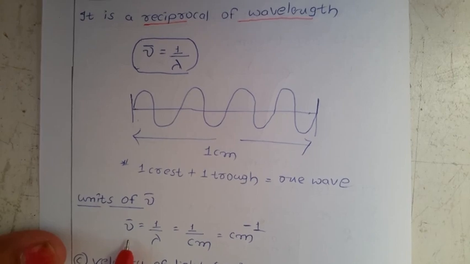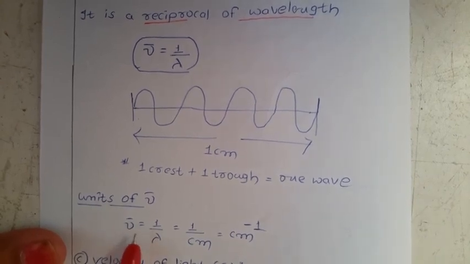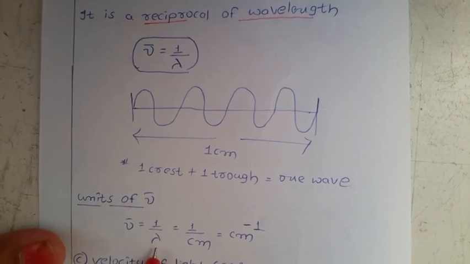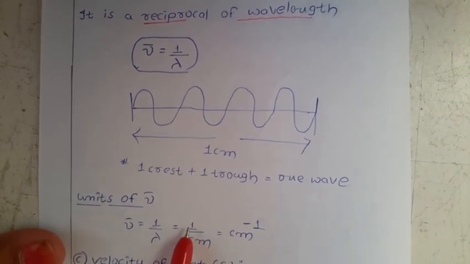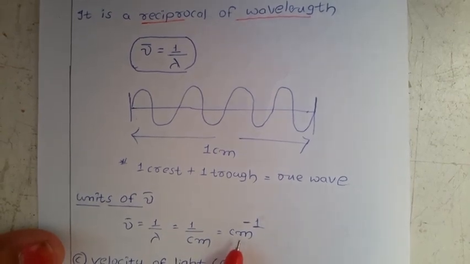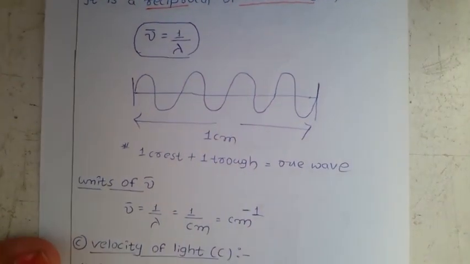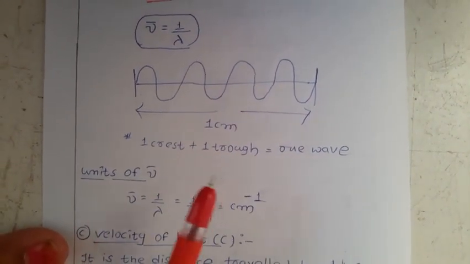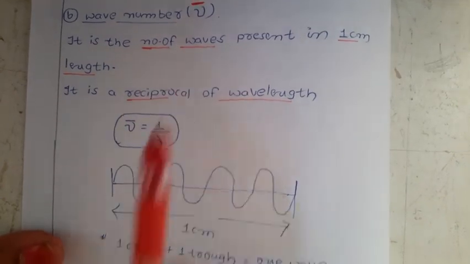We have the relation nu bar equal to 1 by lambda. Just now we discussed the unit of lambda is centimeter. So 1 by centimeter gives centimeter inverse, or you can take meter inverse. This is about the wave number.